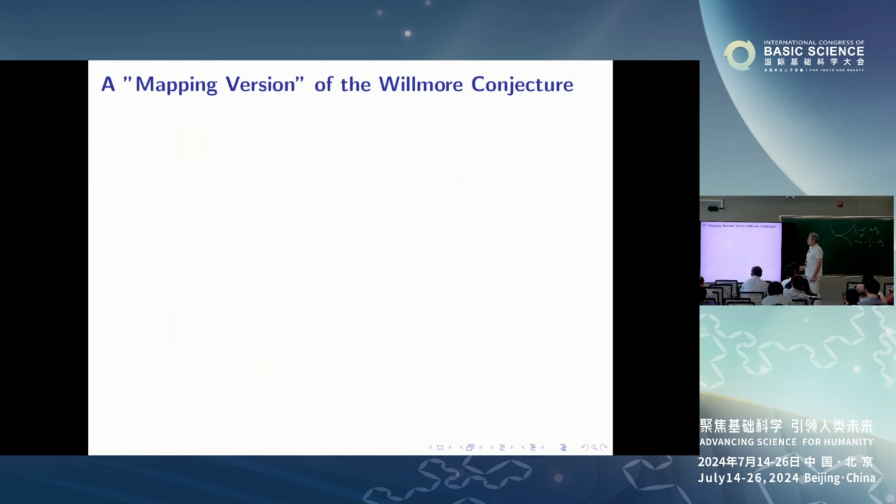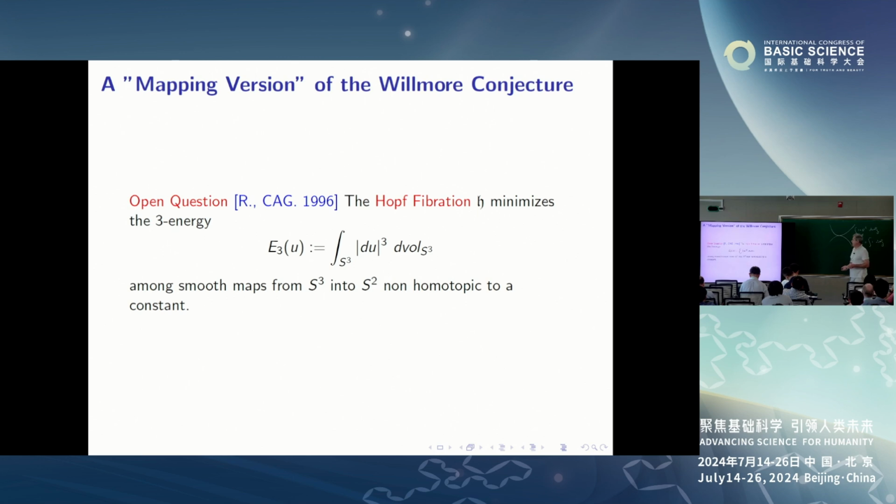Okay, so in order to illustrate a bit this min-max operation that I was hiding in this line, let me give you an explicit one, which is some kind of cousin problem to the Willmore problem. It's a problem that I posed in 1996, and I was considering the 3 energy of maps from S3 into S2.